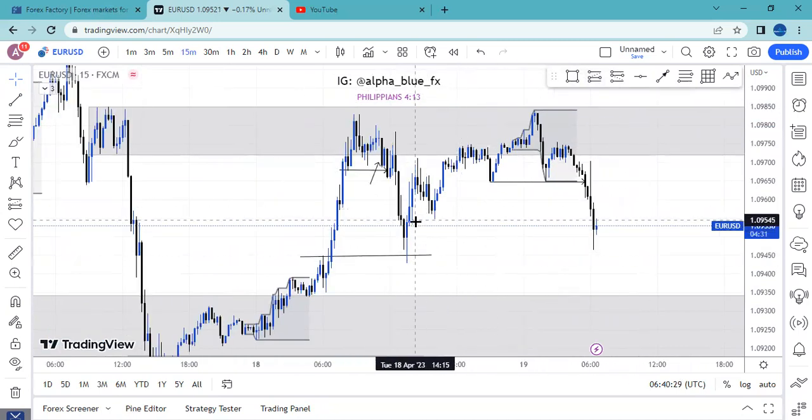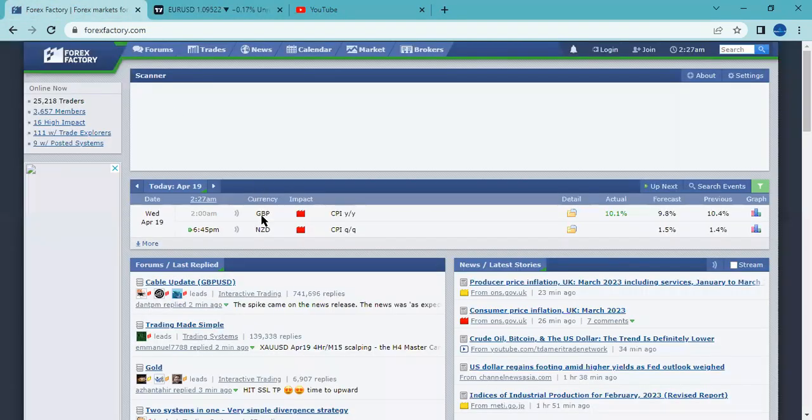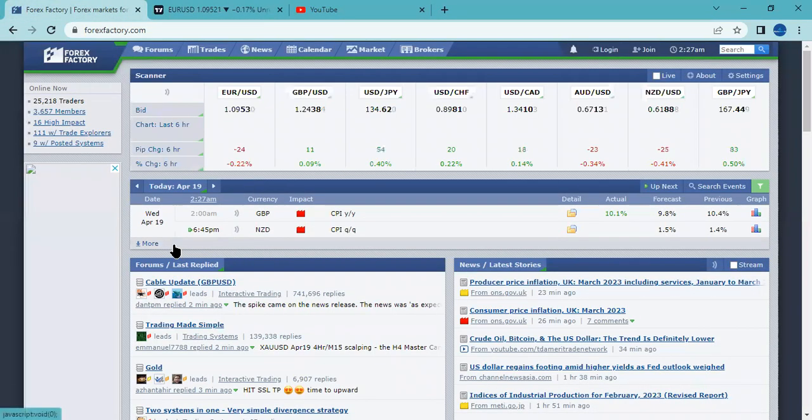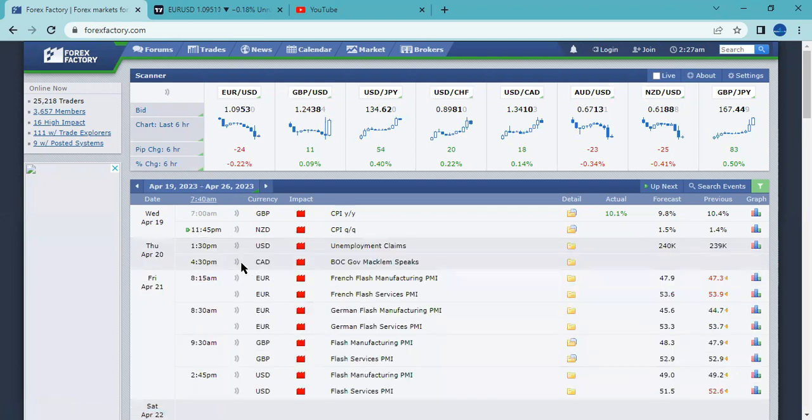So before I continue, let's look at Forex Factory to see what news is today, what fundamental event we have today. We don't have any news on USD. Today is Wednesday, April 19th. So we just have GBP NZD. So there's not going to be any event that is going to impact the dollar highly.